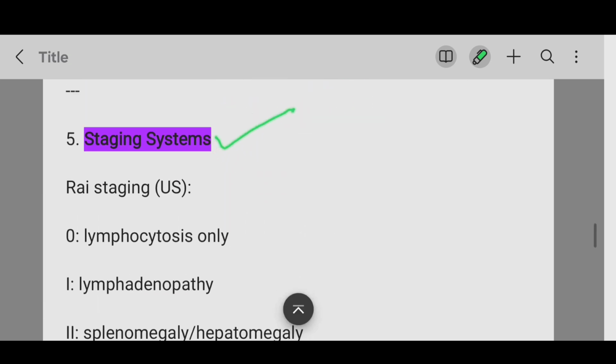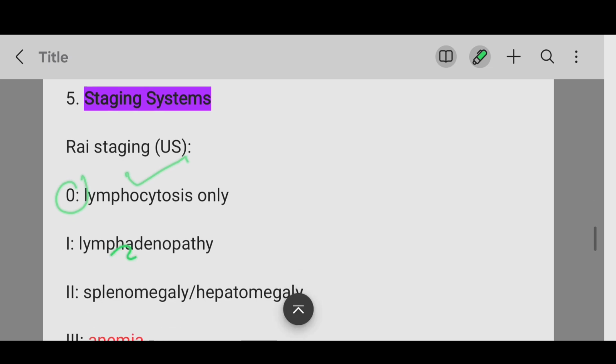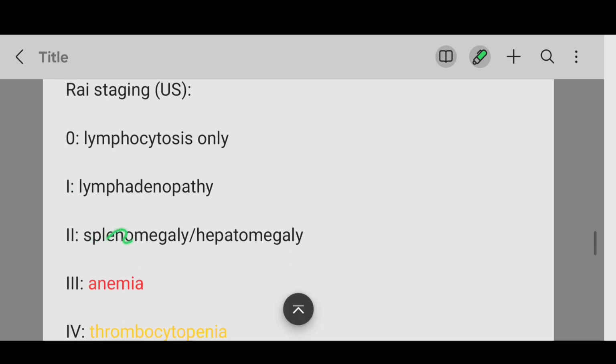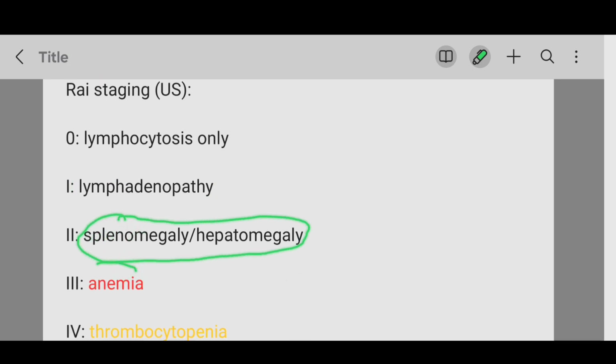What are the staging systems used for this? The most common one is the Rai staging system. Stage 0 is when there is only lymphocytosis. Stage 1, lymphocytosis plus lymphadenopathy. Stage 2 is when there is splenomegaly and hepatomegaly also. Stage 3, anemia. Stage 4, thrombocytopenia.